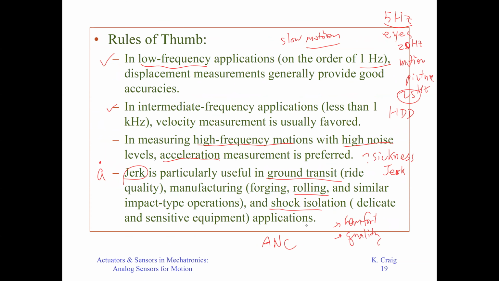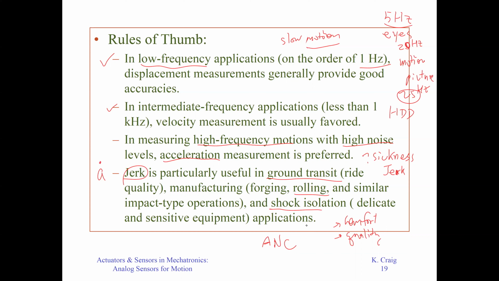So the rule of thumb is that when you choose, it depends on how fast the motion is. For low frequency applications, like 1 Hertz to 5 Hertz, or less than 10 Hertz, displacement measurements usually provide very good accuracy.